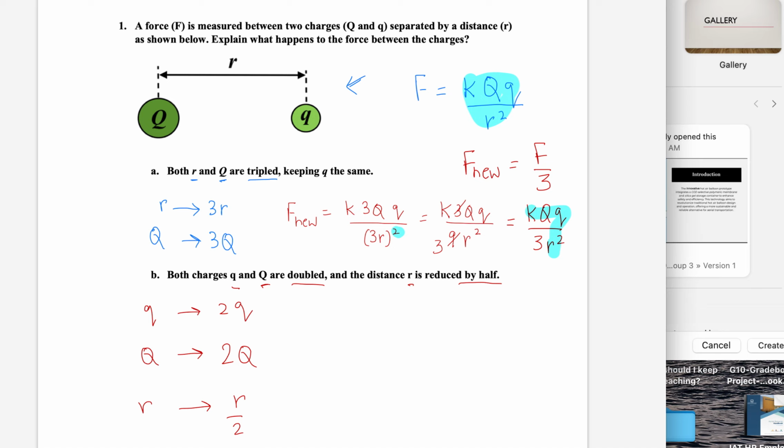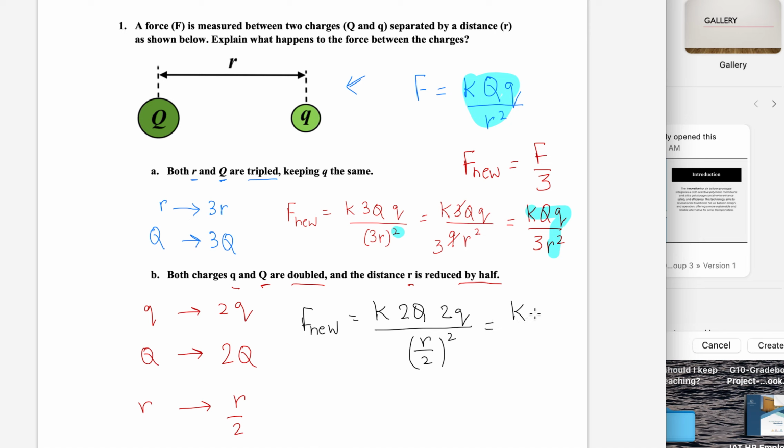Now if I write the new force, F new, we'll write K, capital Q is 2Q, small q is 2q, over the distance r over 2 whole squared. So let's simplify it.